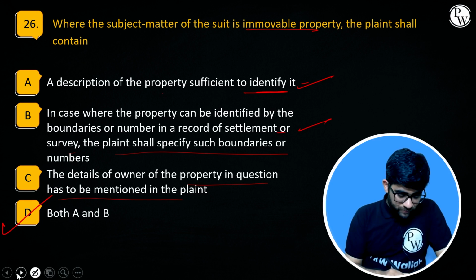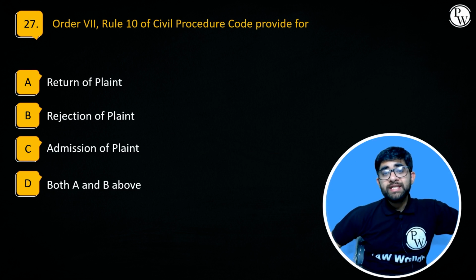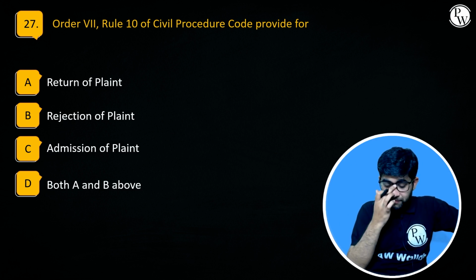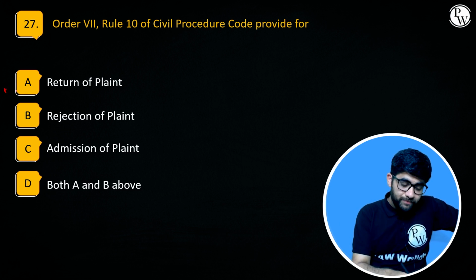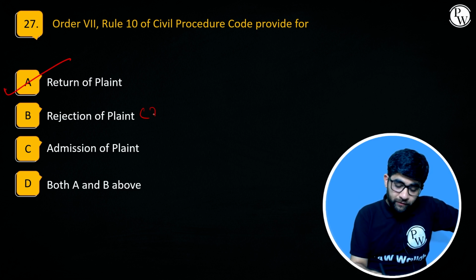Now next, 27, Order 7, Rule 10 of CPC provides for return of plaint, rejection of plaint, admission of plaint, both A and B above. Answer to this is A, return of plaint. Rejection of plaint is 7 Rule 11.